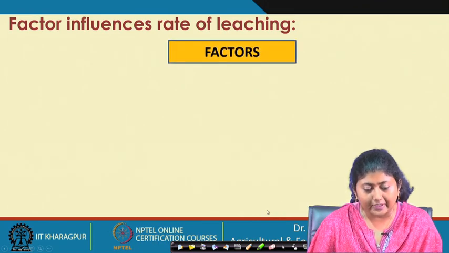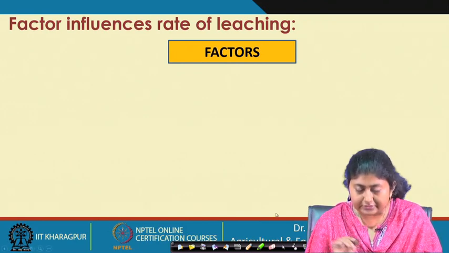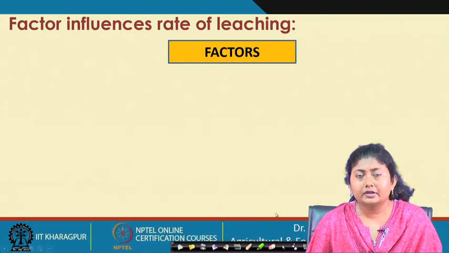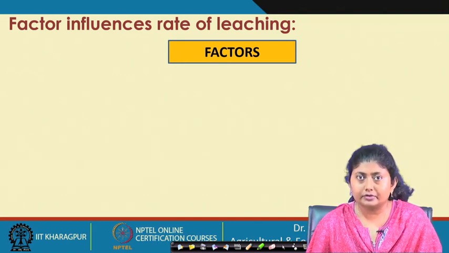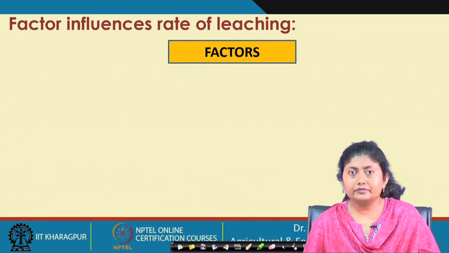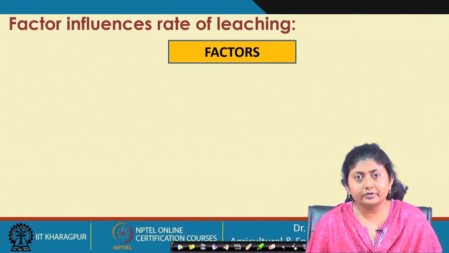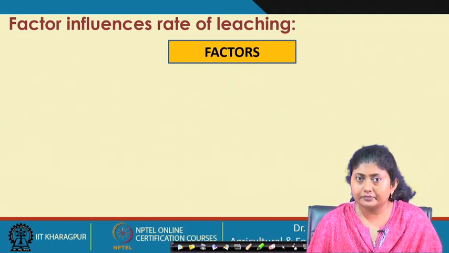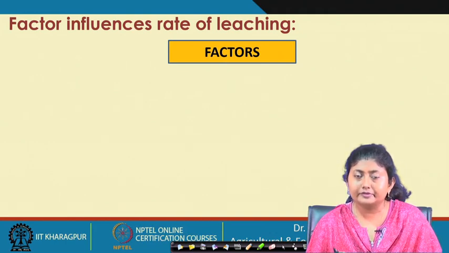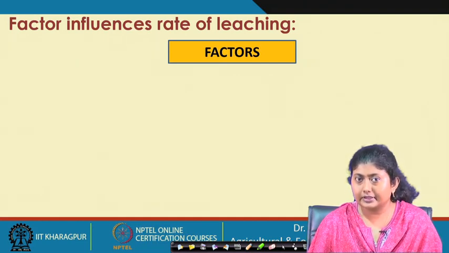Therefore, what are the factors that can influence your leaching process? One thing is very sure: you have to bring the solid material into very good contact with the solvent that you are using. If the surface area of the material is increased, only then can the product come into very good contact with the solvent. So, we have to have very fine particles, so that the surface to volume ratio is enhanced.